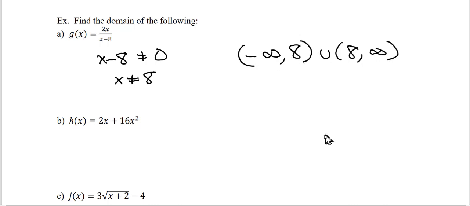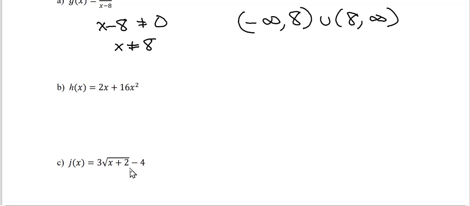When we use a parentheses, that 8 is not included. That's everything below 8. And this other interval here, not including 8, but everything bigger than it, 8 to infinity. The union is an OR. So the domain would be all x values in either of those intervals.